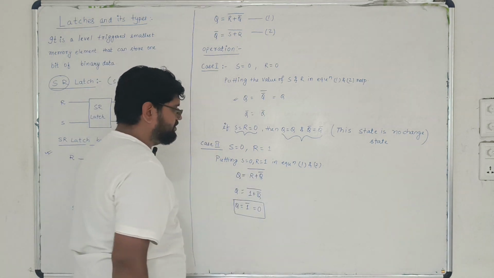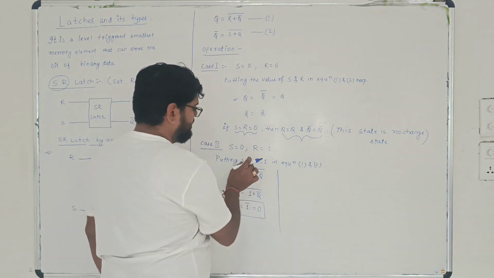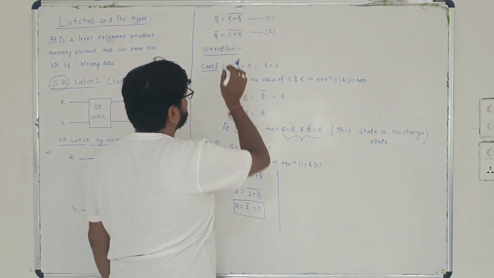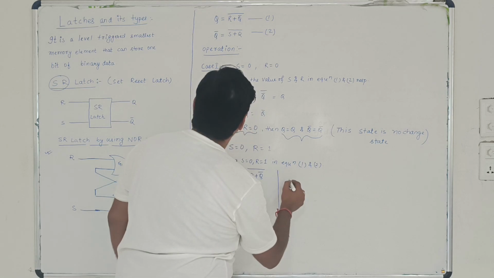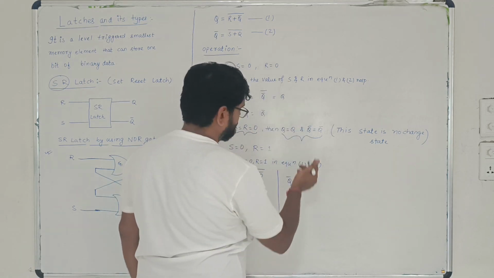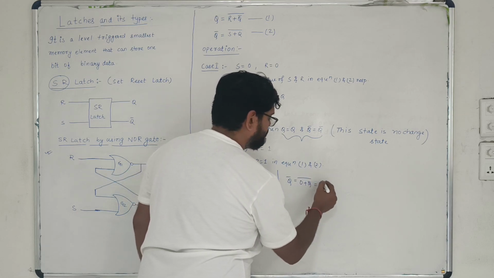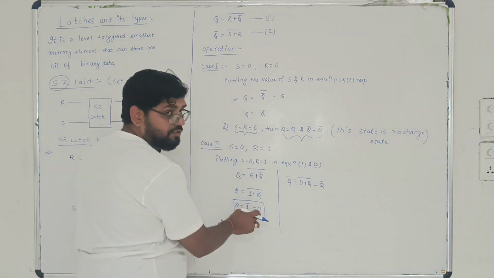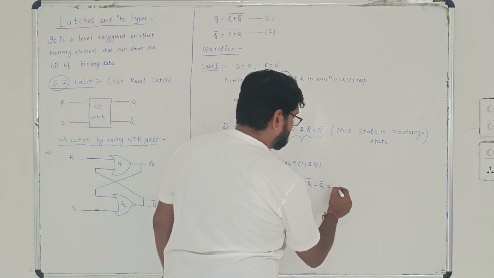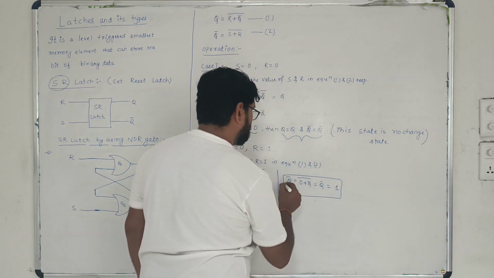Q equals to 0. Now go for the next part, if I am putting S equals to 0 in equation number 2, Q bar will be equal to (0 plus Q) whole bar. That is nothing but Q bar. We have already got the value of Q equals to 0. So Q bar will be equal to 1. So therefore, we are getting Q bar equals to 1.